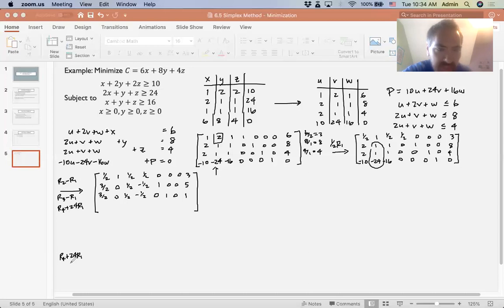I'll do some scratch work at the bottom. 24 times 1/2 is 12, 12, 12, 0, 0, 0. 24 times 3 is 72. So we get 2, 0, negative 4, 12, 0, 0, 1, 72.